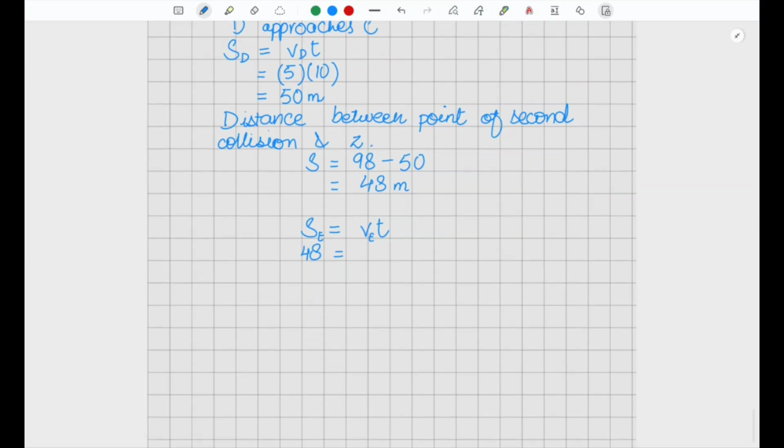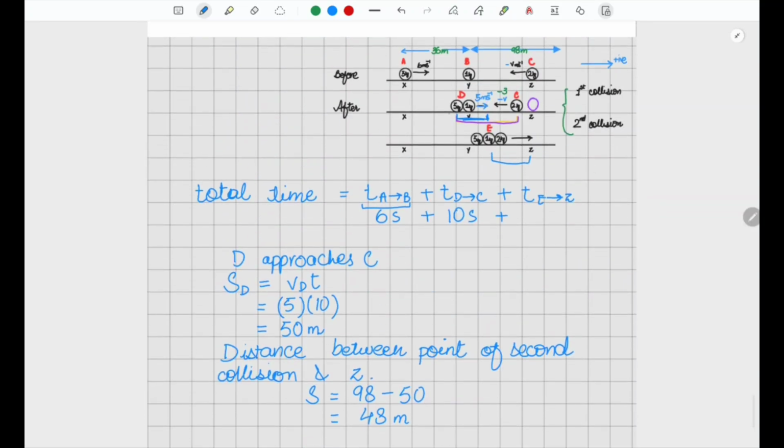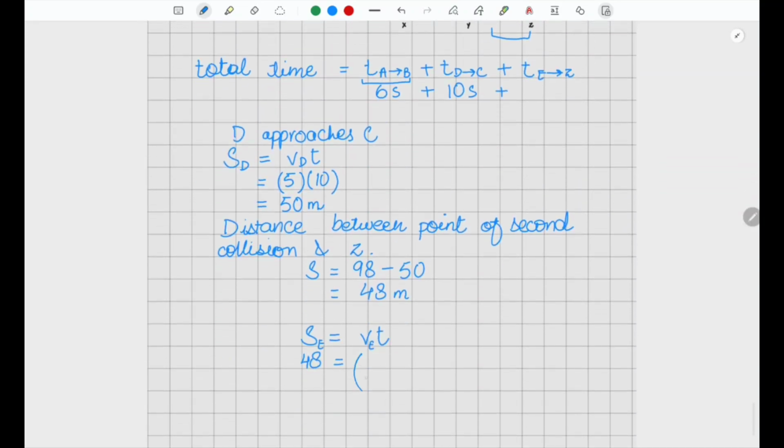So (15 minus 3) over 4, sorry, that is 12 over 4, which is 3.